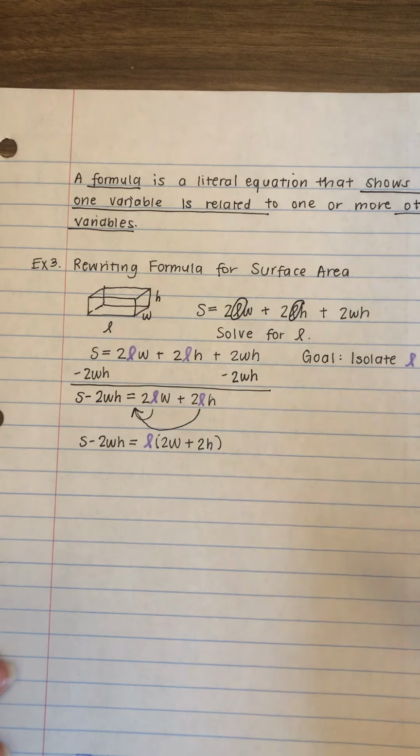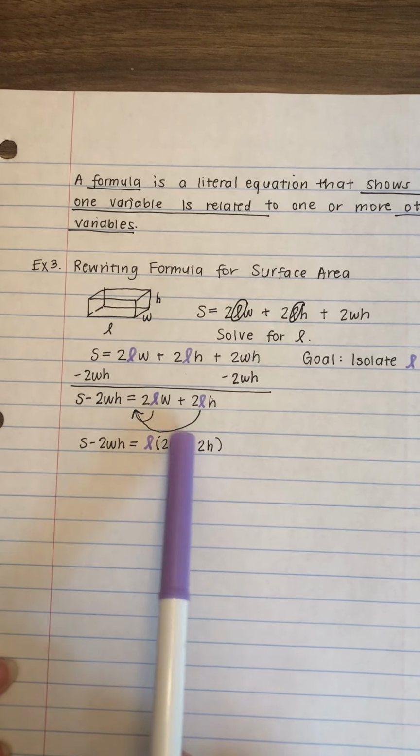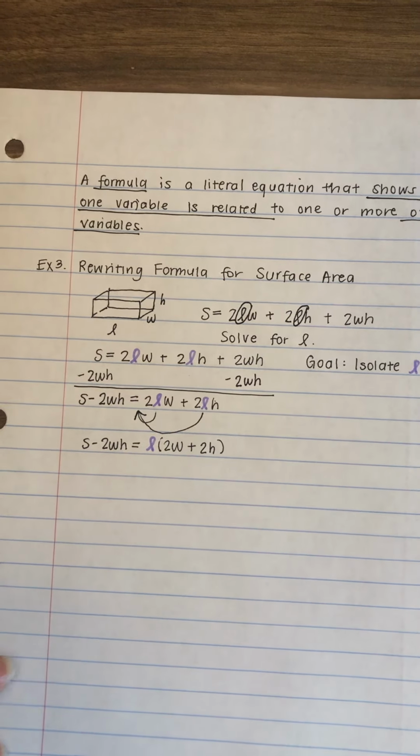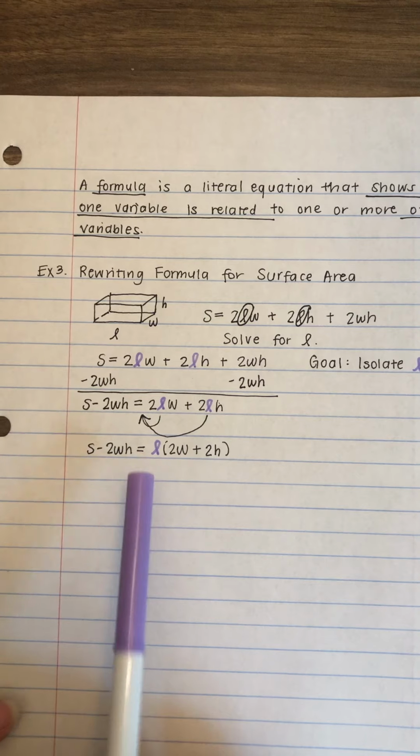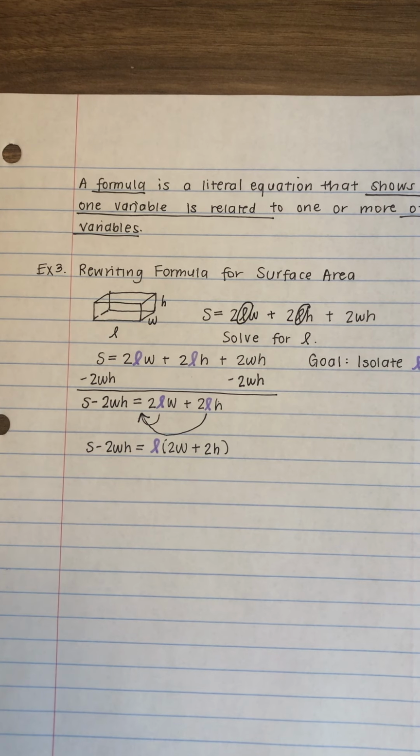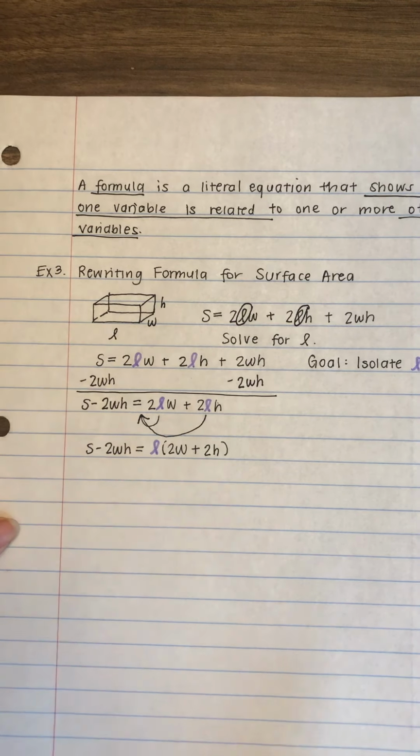So remember again that when we see a variable right next to a pair of grouping symbols like parentheses, that means multiplication is happening. So to isolate our variable L, we want to undo that multiplication by dividing both sides by the term it's being multiplied by.